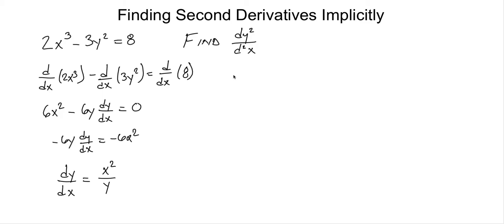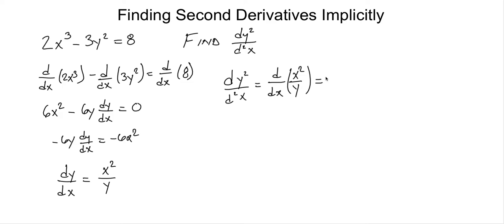In order to find the second derivative, we need to simply take the derivative with respect to x again. So we're going to take the derivative with respect to x of x squared over y. And we know that because we're dividing x squared over y, this is going to be the quotient rule.